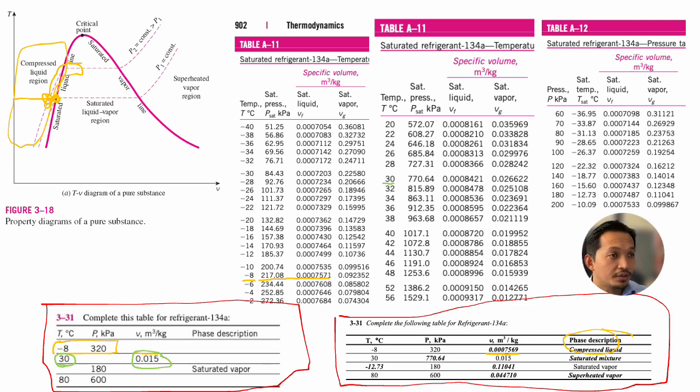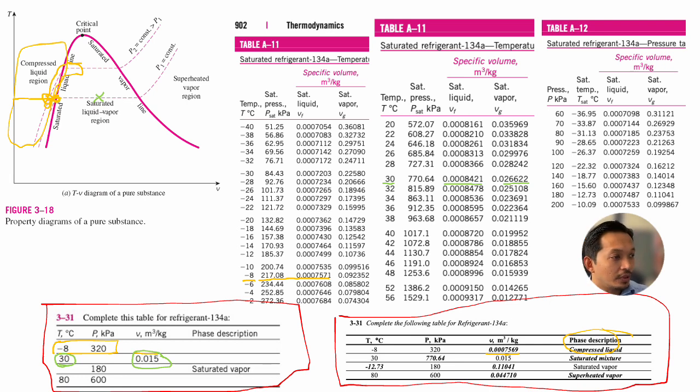Here it's given as 0.8421 and 26.622. If you look at the given specific volume, we know that it is located somewhere in between VF and VG, maybe somewhere at this point. So it tells us it's located in the saturated liquid vapor region.